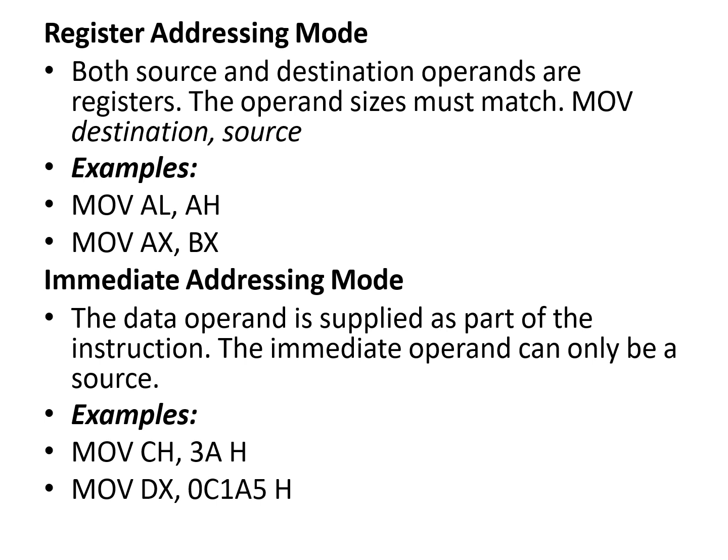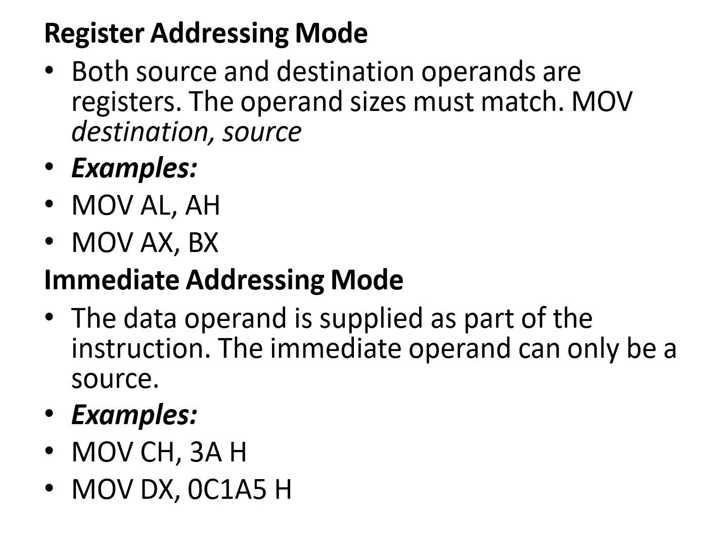Here AH is the source operand and AL is the destination operand. In the second example, BX is the source operand and AX is the destination operand. In the first example both are 8-bit, and in the second example both are 16-bit wide.